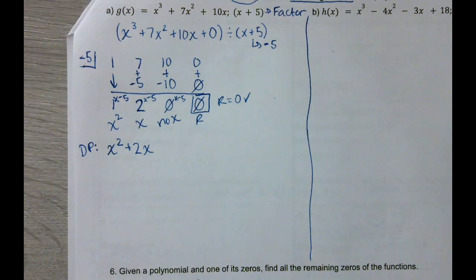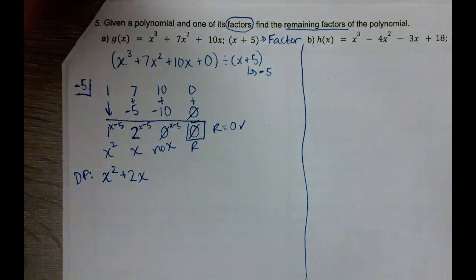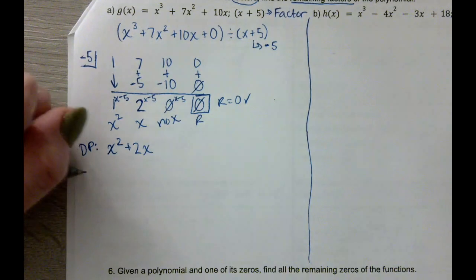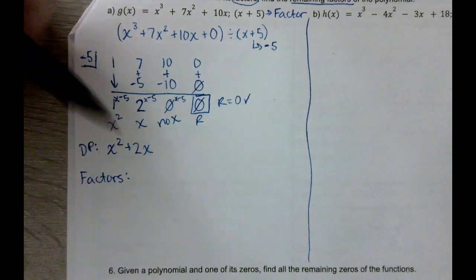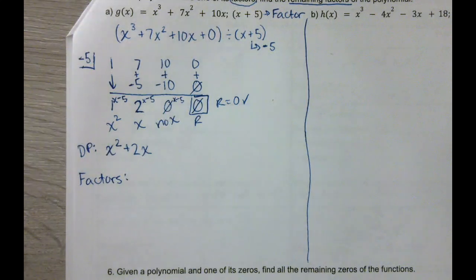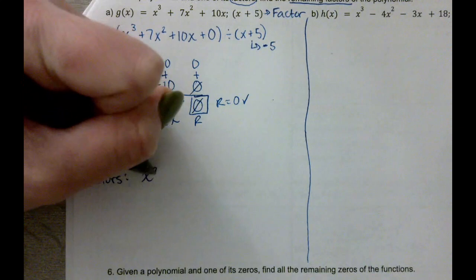I will show you an alternative method for solving in a moment if you need it, but I'm going to show you the easier one, which is this one here. So you have your depressed polynomial, and then what they ask for next are the factors. When it says factors, all you have to do is factor this. That's it. So we have x squared plus 2x.